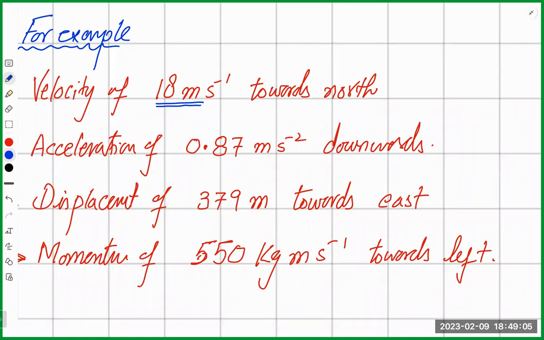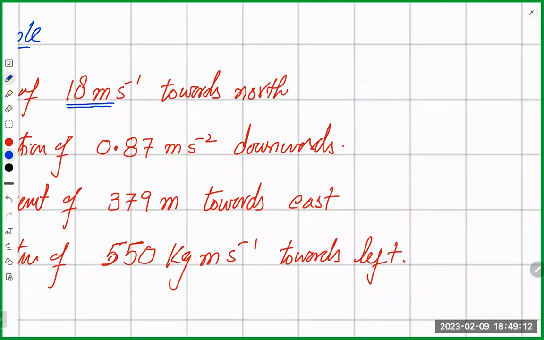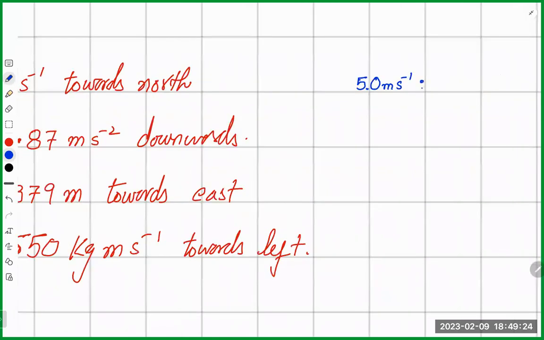So if I have to select a scale, I will go with 5.0 meter per second is represented by 1.0 centimeter. So 5 meter per second is represented by 1 centimeter for this thing.